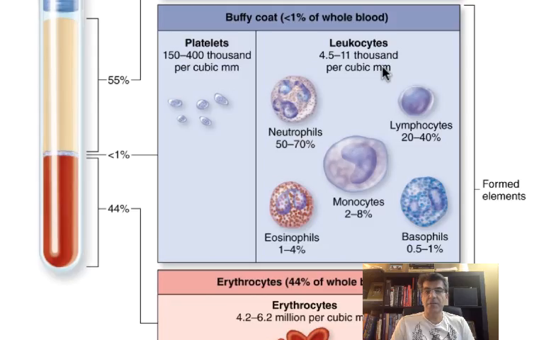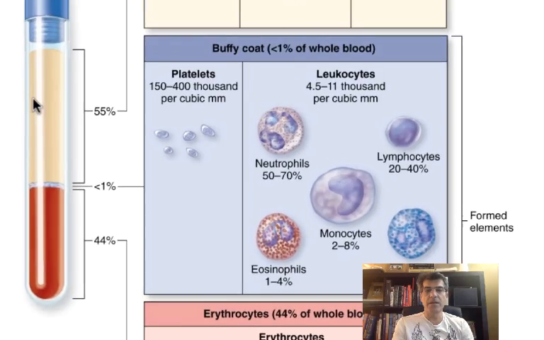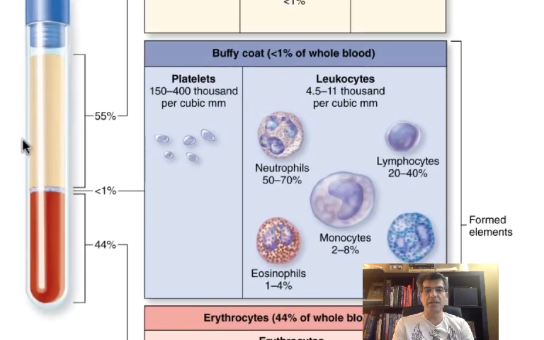It's the same thing, microliter or cubic millimeter. And also, I think you should know that you have 4 to 6 million red blood cells per cubic millimeter or microliter.